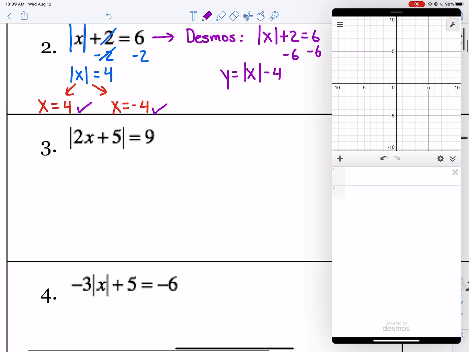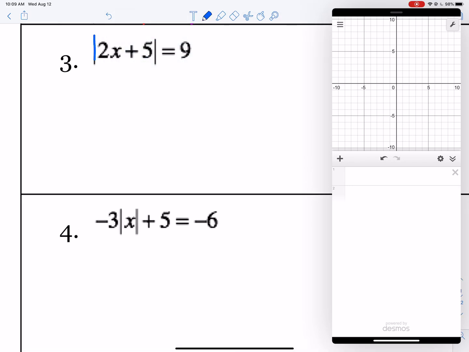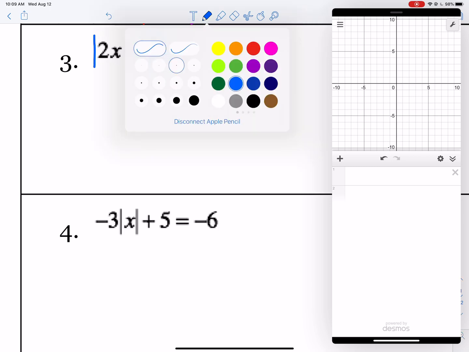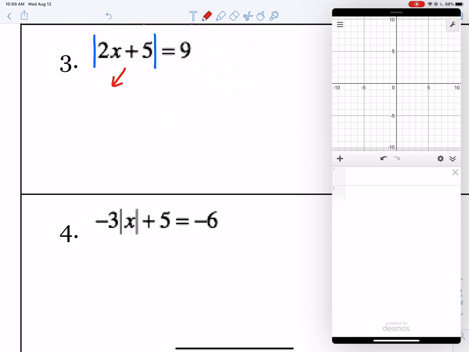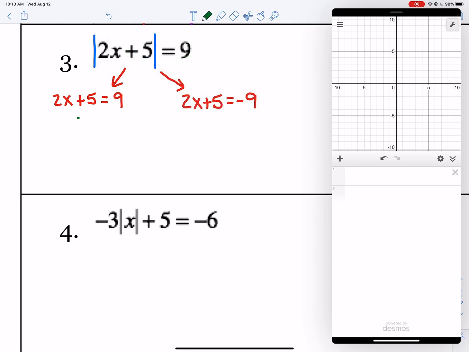Let's look at example number 3. So we first check to see if the absolute value symbols are by themselves, which they are. So go ahead and set up your 2 equations, one positive and one negative. So drop the absolute value symbols and write 2x plus 5 equals positive 9, and 2x plus 5 is equal to negative 9. Then we're going to solve both equations.